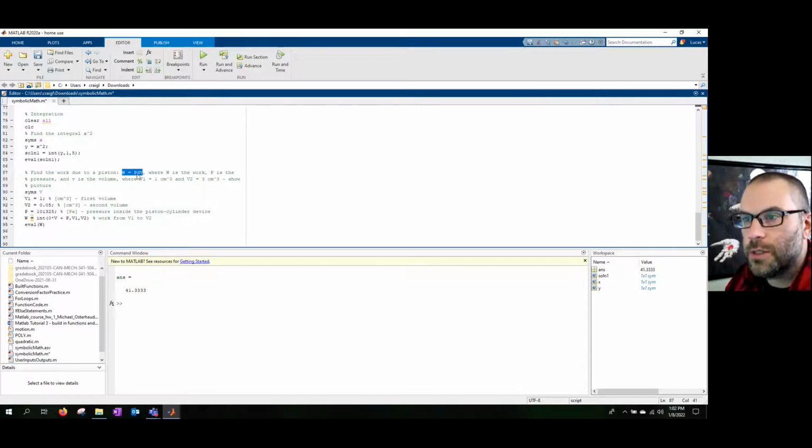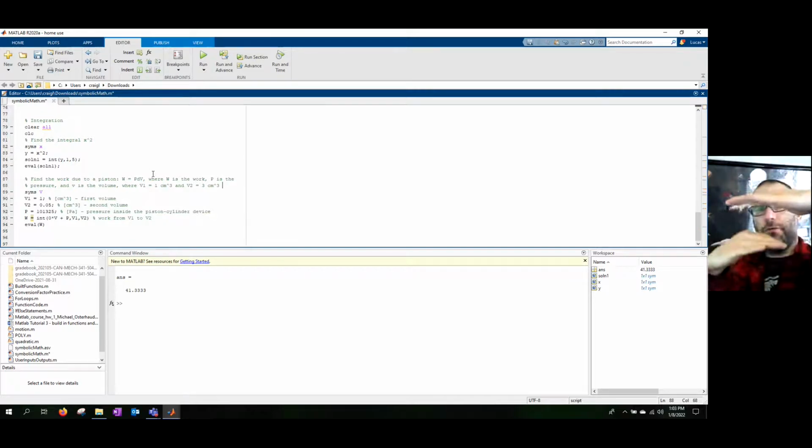The work done by a piston is W equals P dV, so it's really the integral of P dV, where V is volume and P is pressure. We're going to assume P is constant. Basically, I have a piston cylinder device that's moving outward.